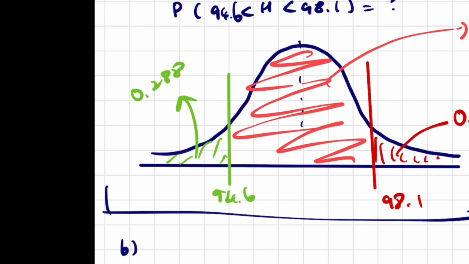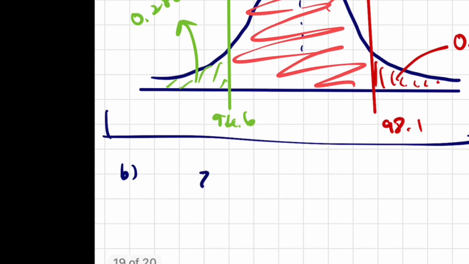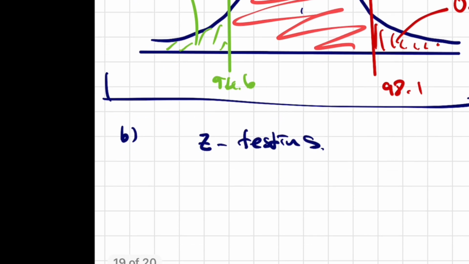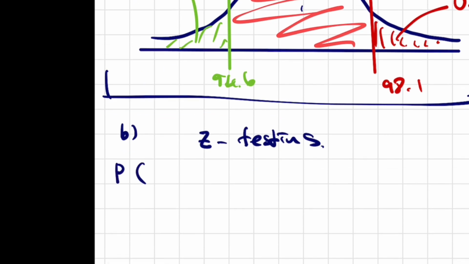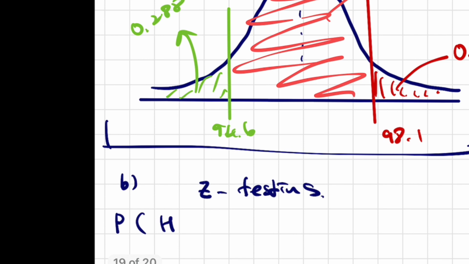We need to find the value of the mean and standard deviation. So that means we have to do the z-testing. Using the information that we have, P of H less than 94.6 is equal to 0.288, and P of H greater than 98.1 is 0.434.